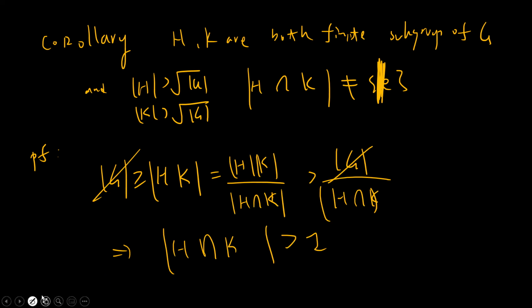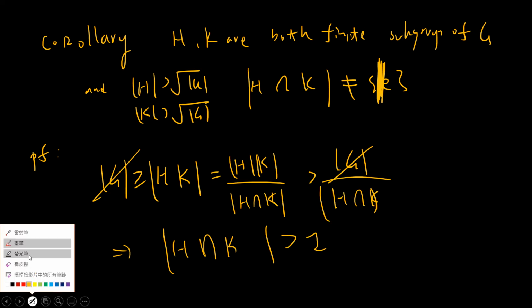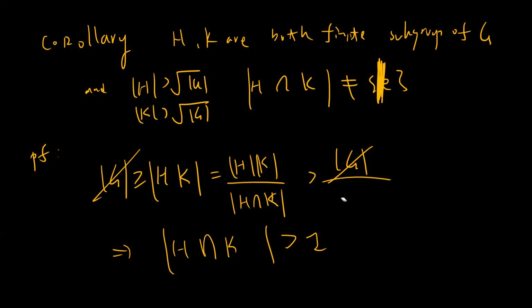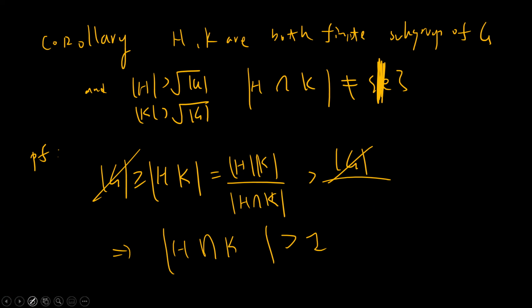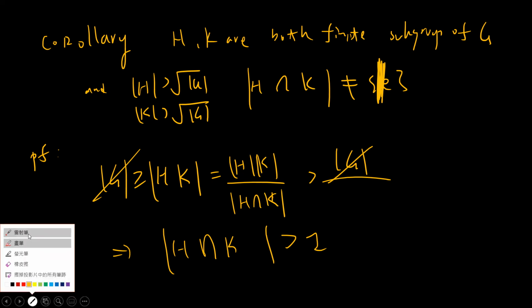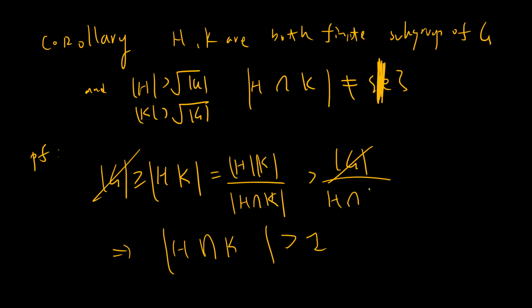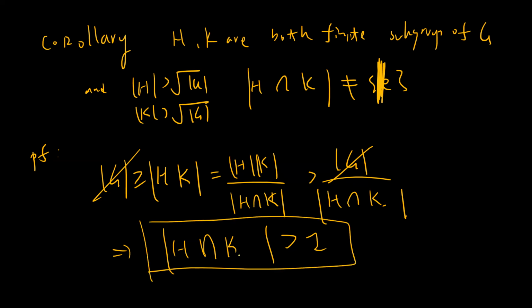So let me just write it down carefully. So you know that |H intersection K| must be greater than 1. Yeah, so very simple corollary.